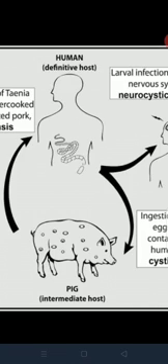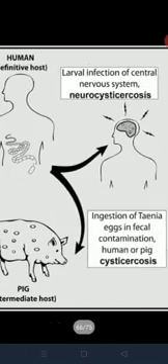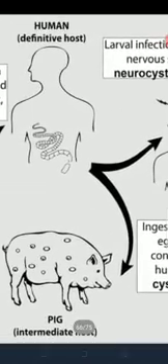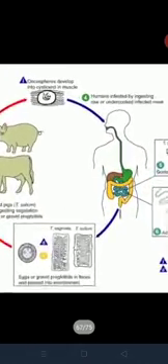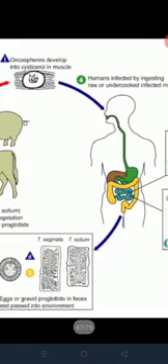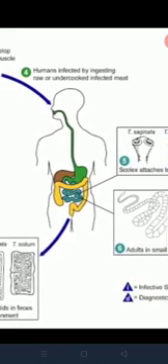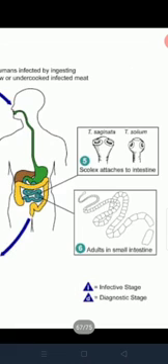When the tapeworm enters the human, it grows and attaches to the small intestine. See the picture. Then it starts to feed off the food being digested by the human. Pieces of the tapeworm break off by the apolysis process.